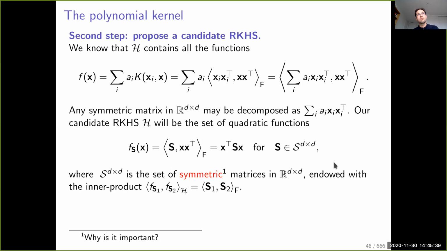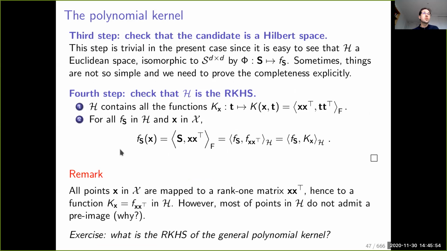And that's good news because we have a candidate RKHS. We have a Hilbert space that has an inner product and contains all of the functions k_xi. Basically, we are going to check, well, first we check that the candidate space is a Hilbert space. Basically, we build it as a Hilbert space.